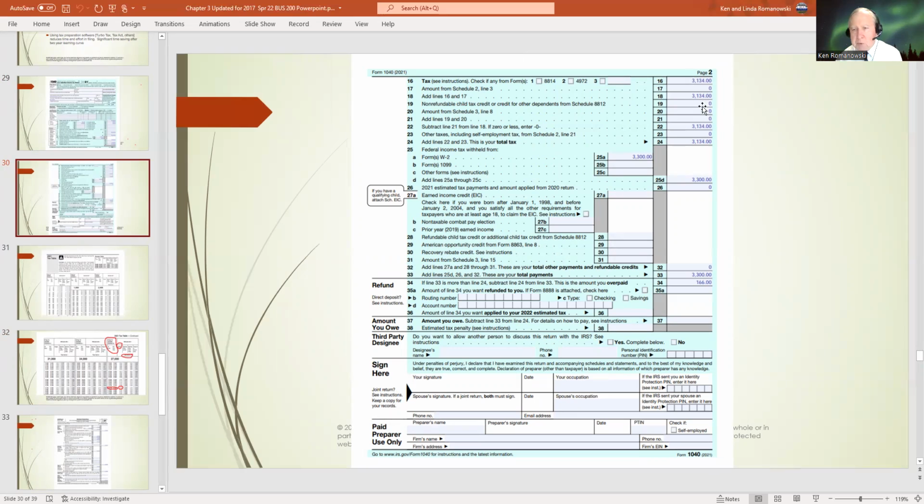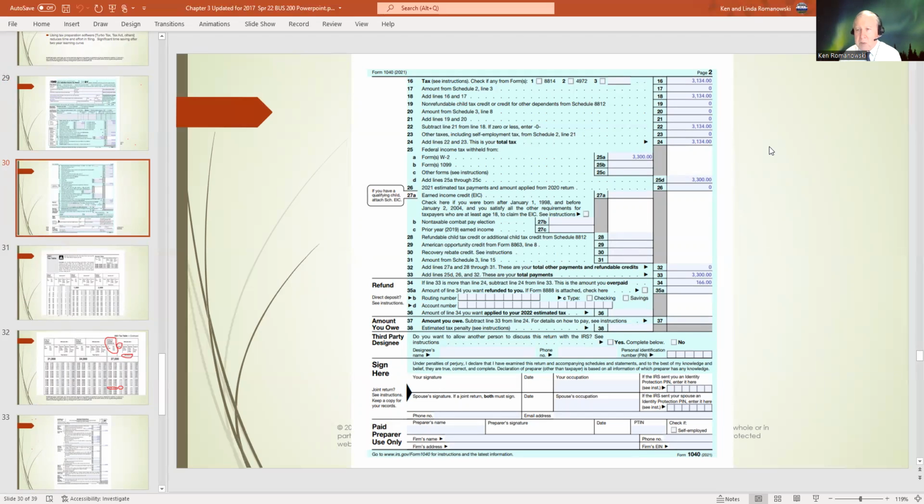So there's nothing to subtract. So then he just subtracts 0 from 3,134. So now he's down to line 22 with, again, the 3,134. He doesn't have any other type of taxes like self-employment tax, so he doesn't have to fill in anything on line 23. So now he's at line 24, $3,134. That's his total tax.